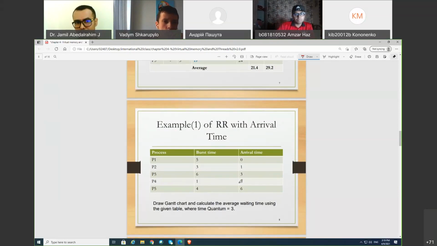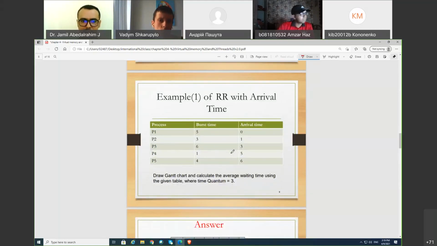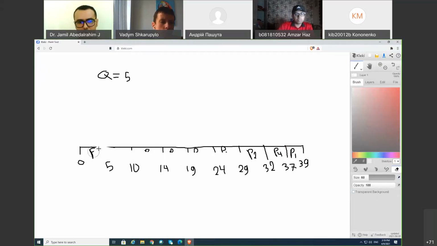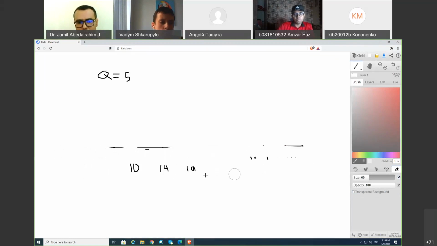Let's take the second example with arrival time. So this will be with arrival time. There is a specific mechanism to draw the Gantt chart with arrival time.